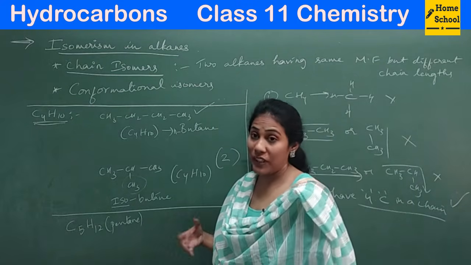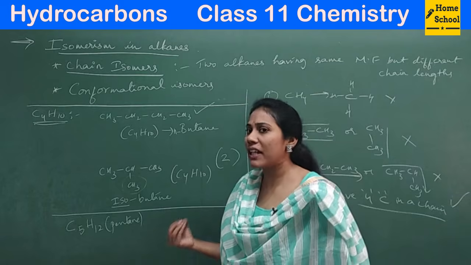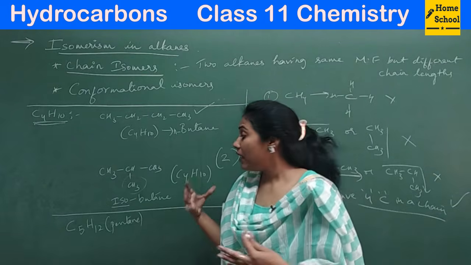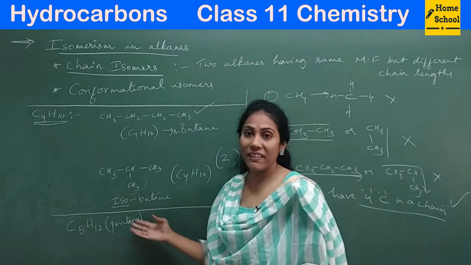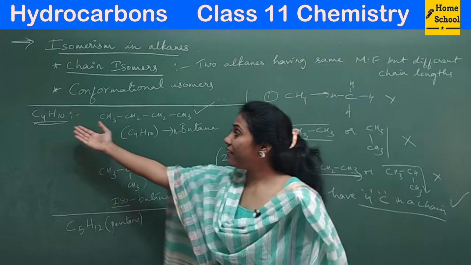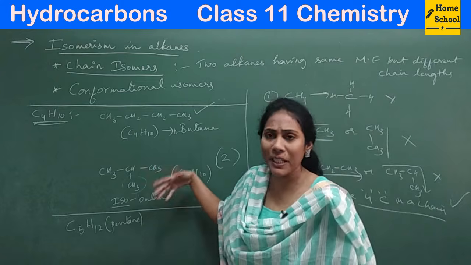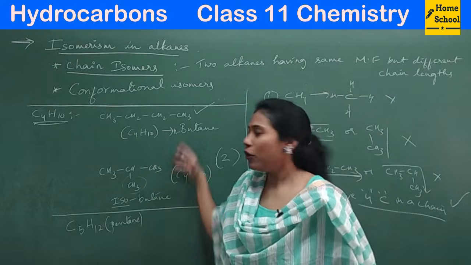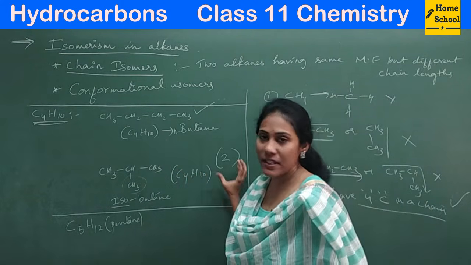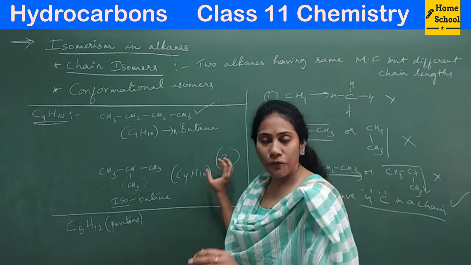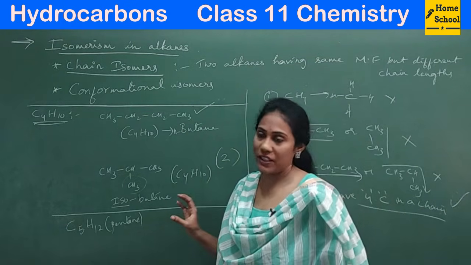So that's what you will have to try. Can you try? Just pause the video and try how many ways you can write C5H12. The way we have written C4H10 can be written in only two possible ways. Can you think of any other way of writing this? No. Only two possible chain isomers are formed in the case of C4H10.